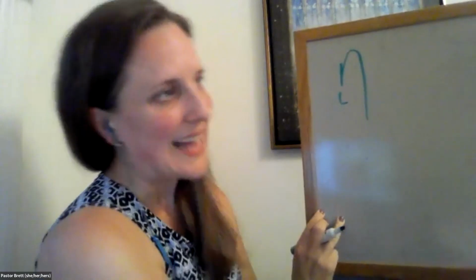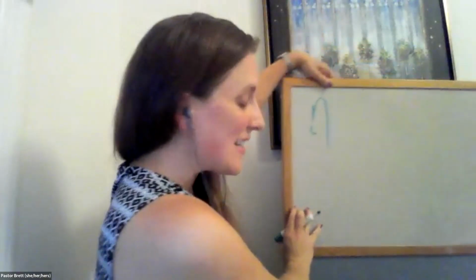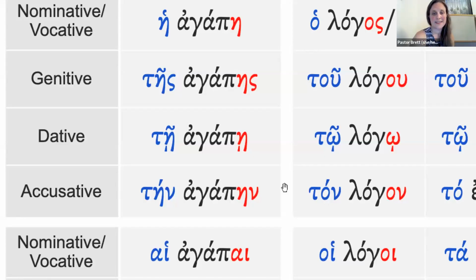It's basically a silent iota, but it's a way of distinguishing between the forms of the word that could look the same otherwise. So we could pronounce it or not. We're not going to lose sleep about any of these things.